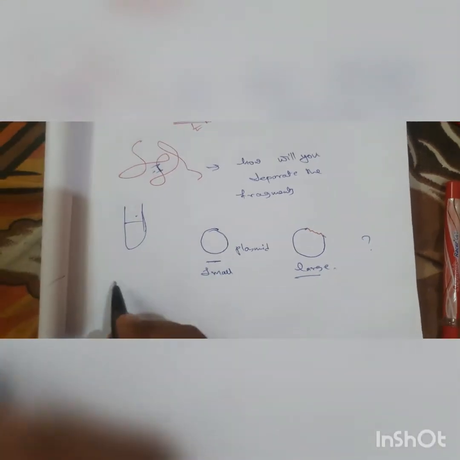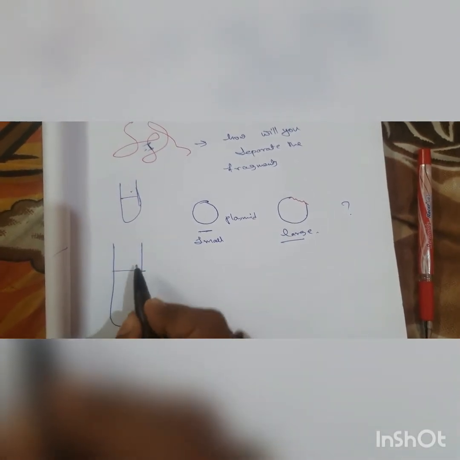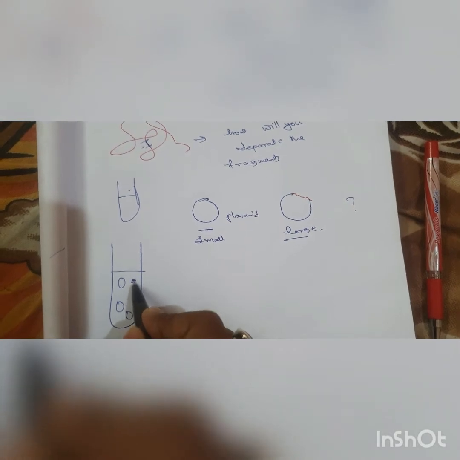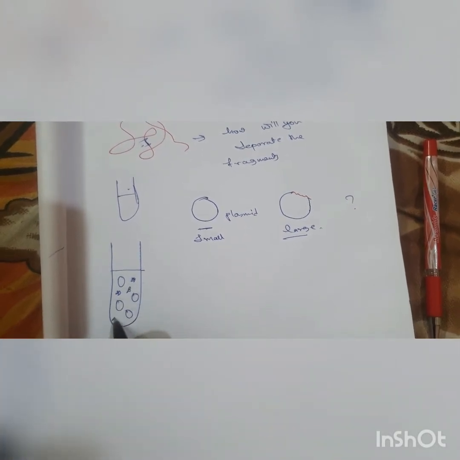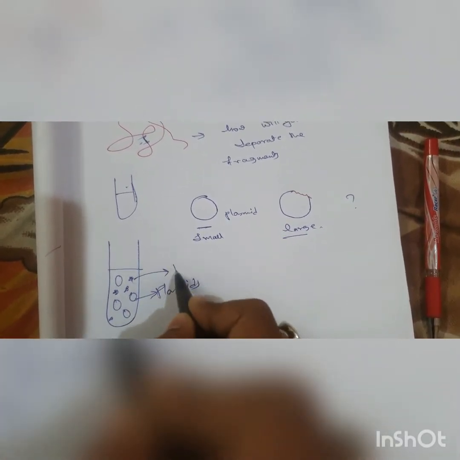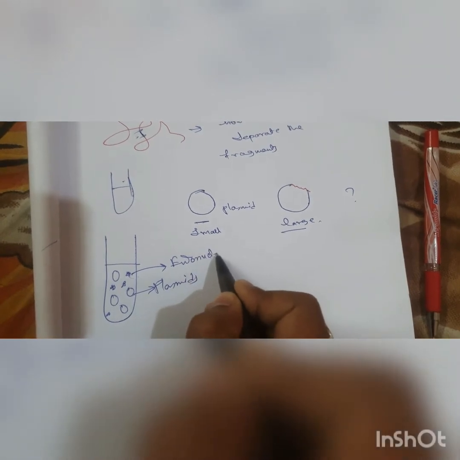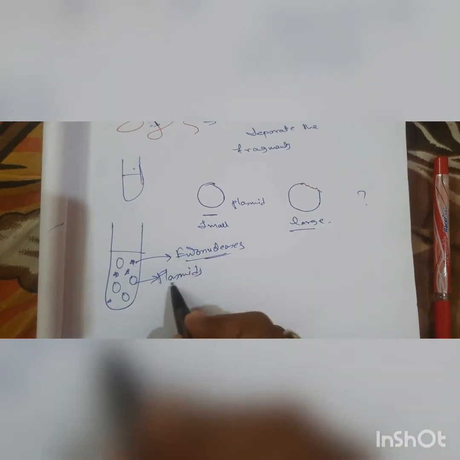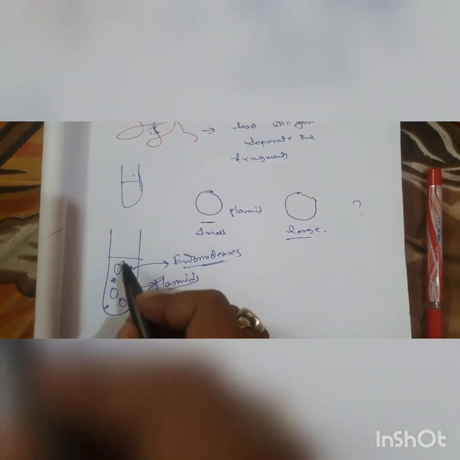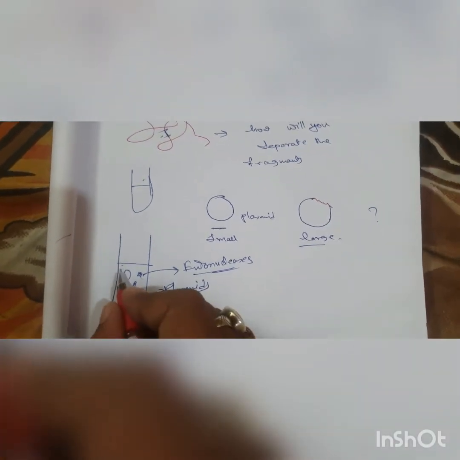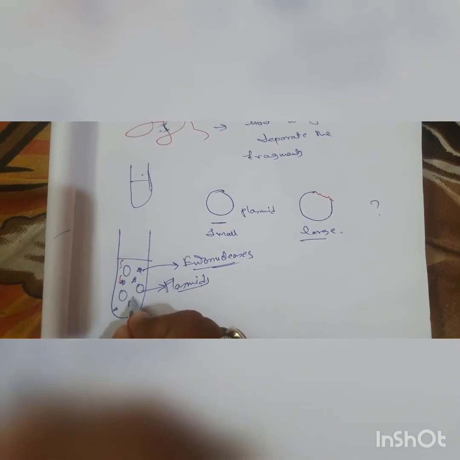Sometimes what happens is, suppose in a test tube you have given plasmids, you have put endonucleases, and you have put the target gene inside.